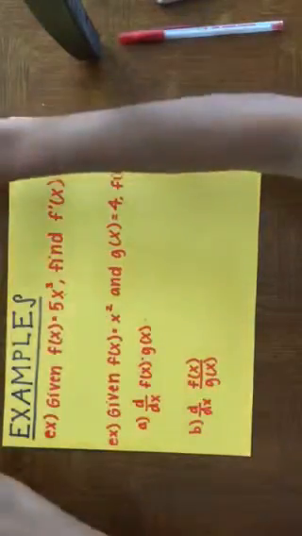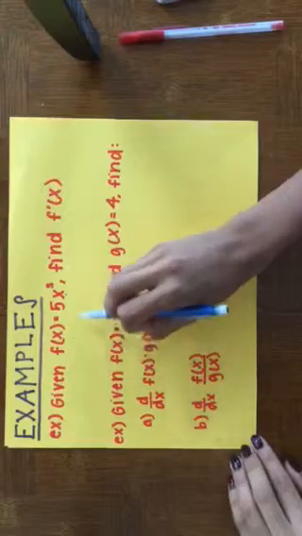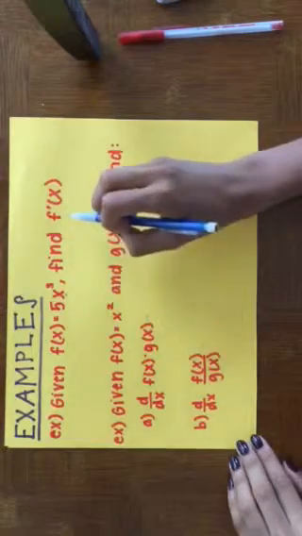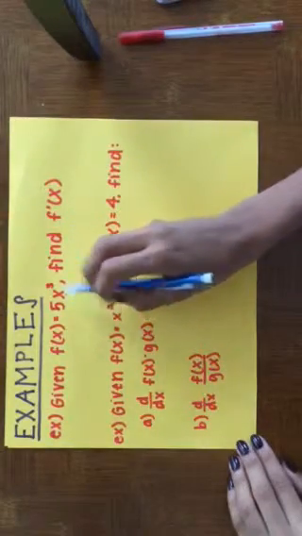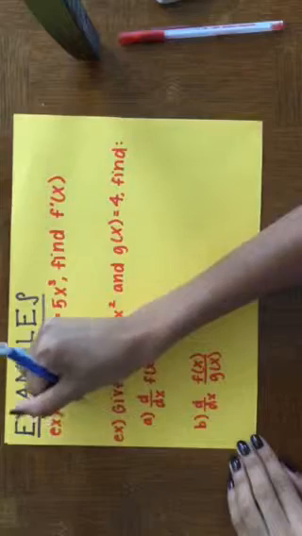Here are some examples to test out the rules we just learned. Given f of x equals 5x cubed, we want to find f prime of x. Since we have the variable to some exponent, we can use the power rule.